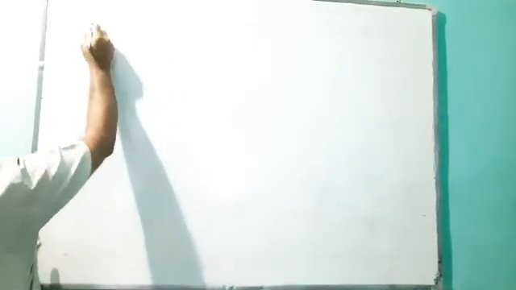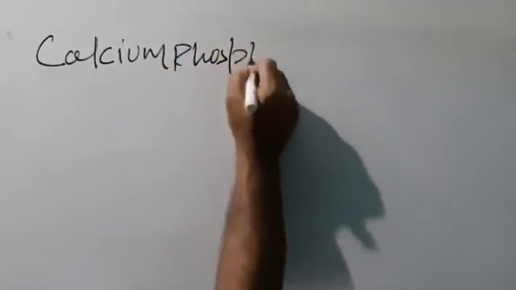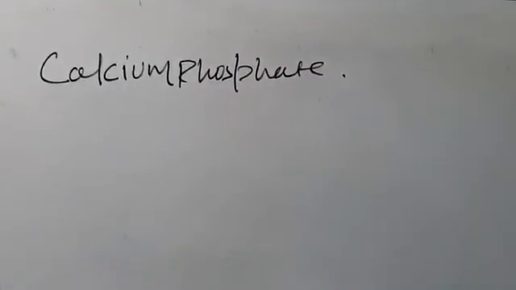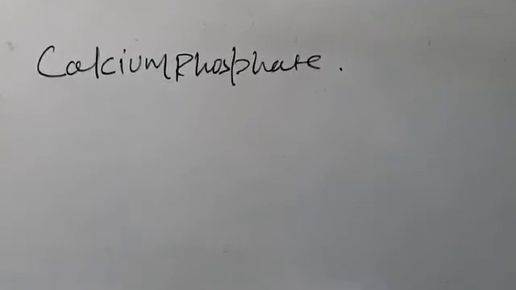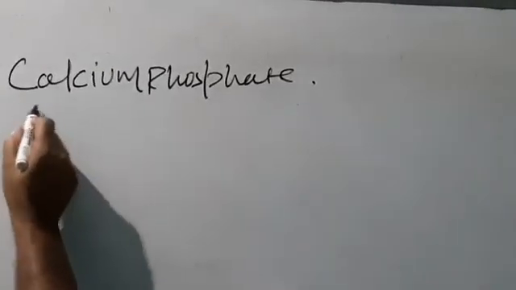Calcium phosphate. First of all, write the chemical formula of calcium phosphate. My dear students, you know, here there are two types of radicals.